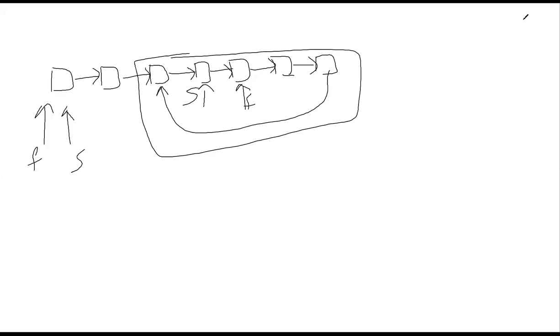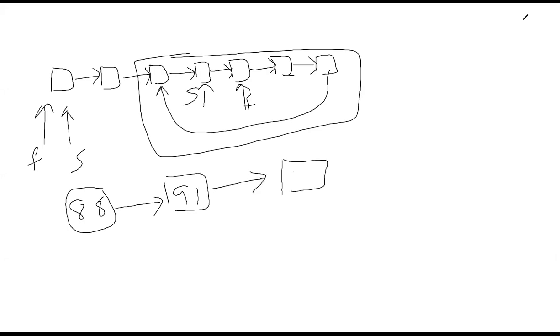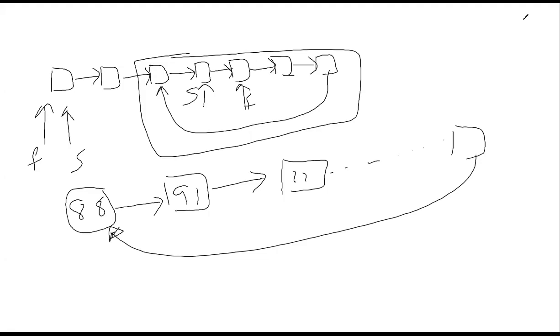So she's using the same logic on these numbers. Suppose we are generating 88, and then based on this, a number is generated, suppose 91, and then based on this, 22. And if at some point in time we get a number back, then based on the same analogy, we have a fast pointer, which is essentially calculating 2 steps in advance, and a slow pointer which is calculating 1 step in advance.